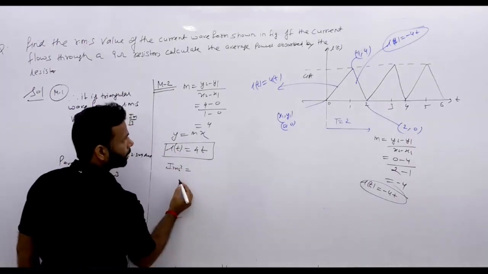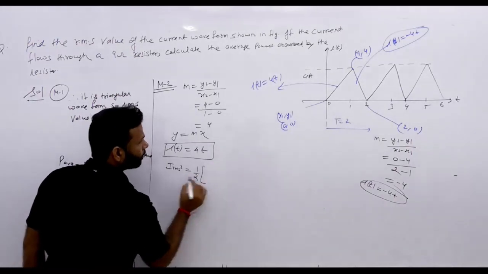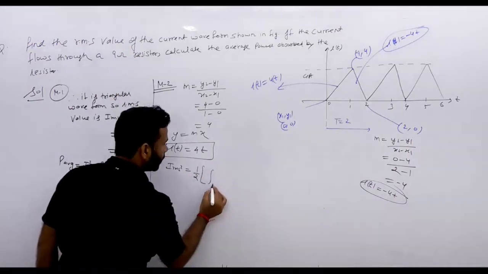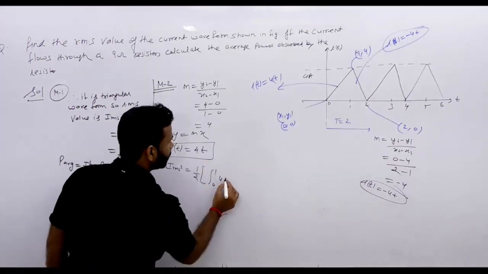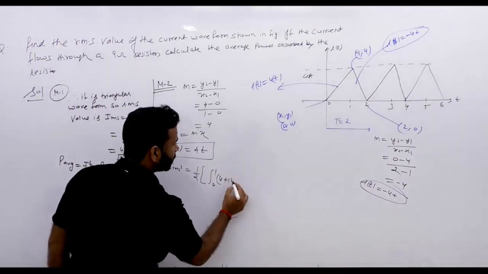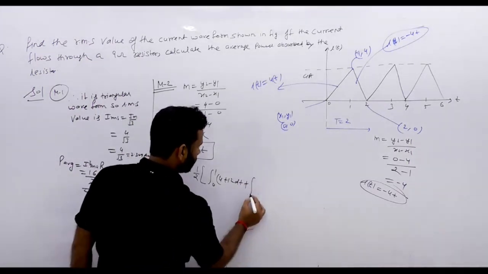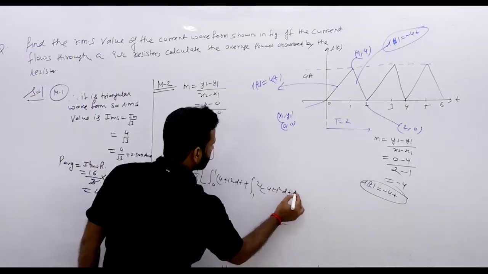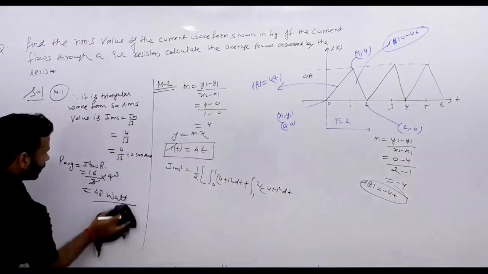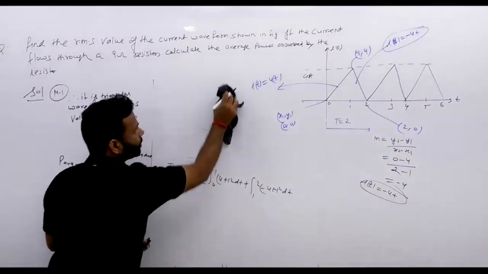I RMS square equals 1/T, and 1/T is what? 1/2. Now from the first part, from 0 to 1, we have 4t square dt. Then we have from 1 to 2, minus of 4t square dt. I think this is correct. Okay, so let's remove this, then we will solve here.